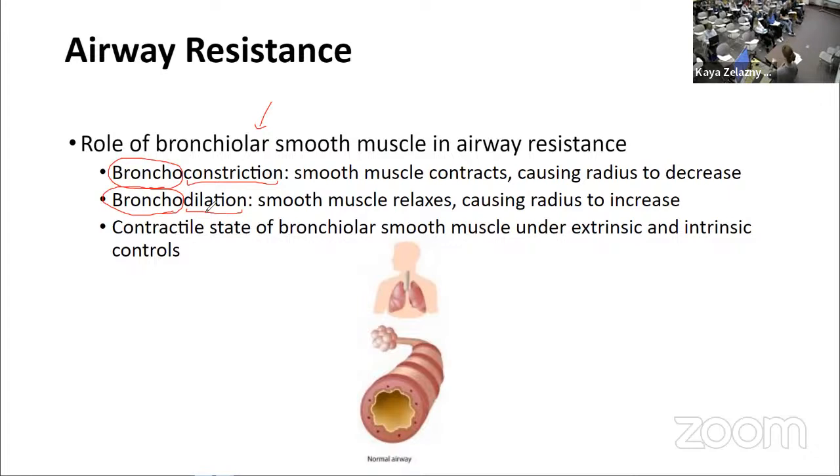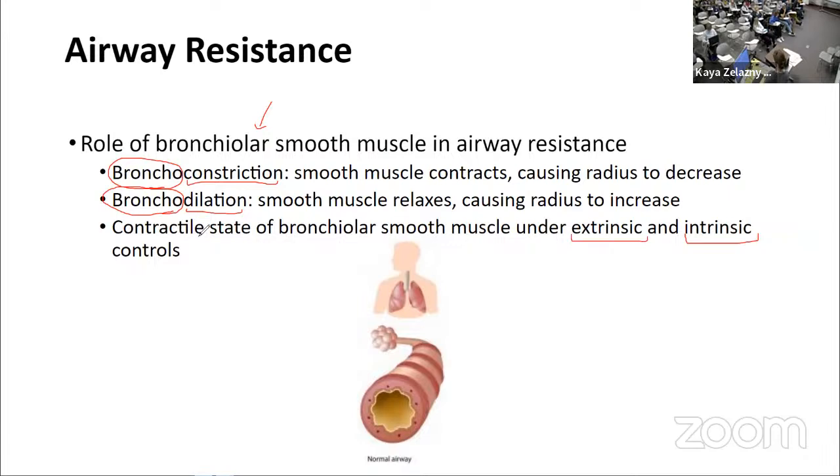Okay. So we're thinking about those same properties that we're trying to change when we're thinking about changing airway resistance. So it's that contractile state of the smooth muscle in the bronchioles that is going to be under the control of local factors, which are our intrinsic controls, as well as factors from things out in your body, chiefly nerves and hormones, right?